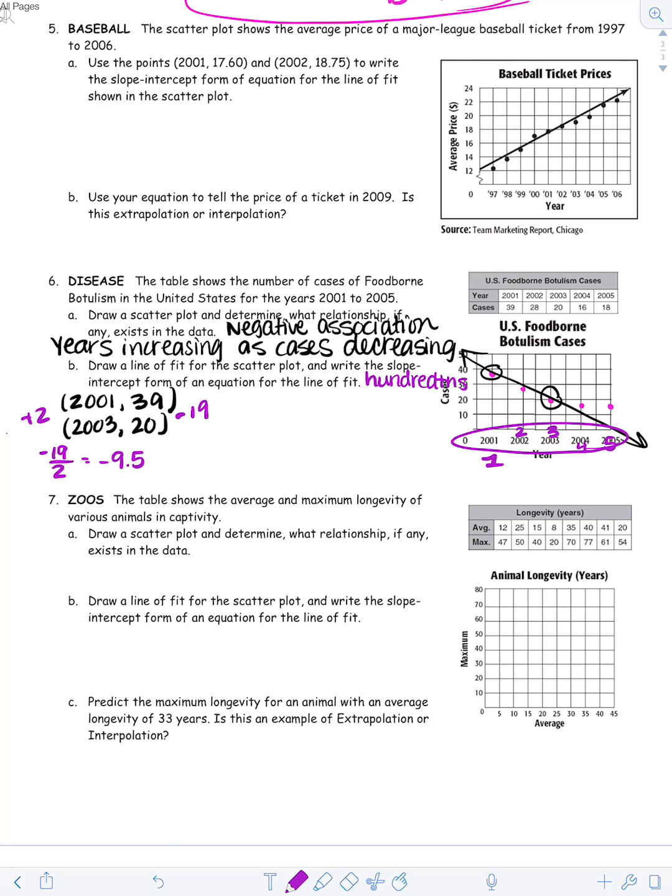So let me use the 39. So I got 39 equals, slope is negative 9.5. When I use 2001, that's the first year, plus b. So negative 9.5, I'd add my negative 9.5 over.